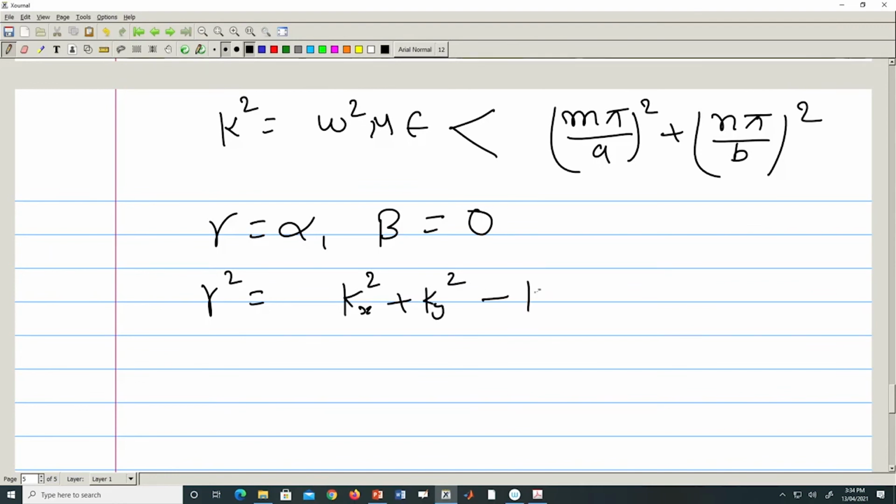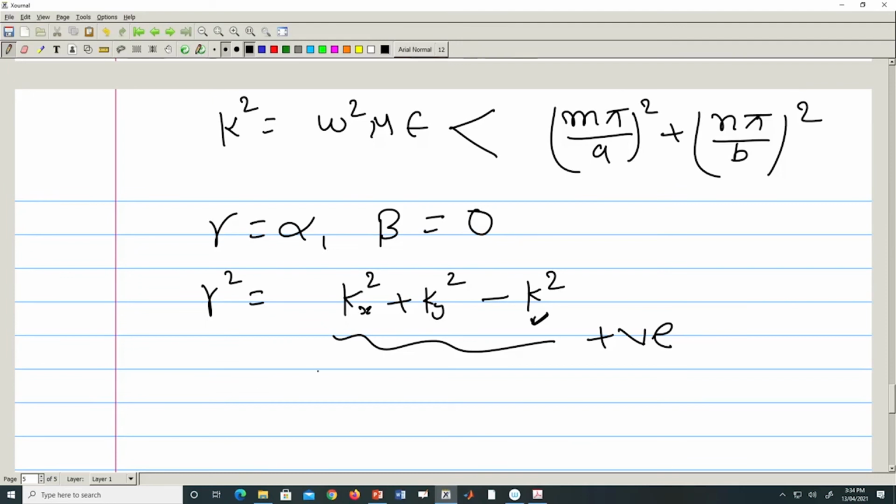If gamma is a positive quantity, that means it will be real, and the square root of a positive number gives some real number. That means gamma will be only alpha and beta will be 0, meaning the imaginary part will be 0.